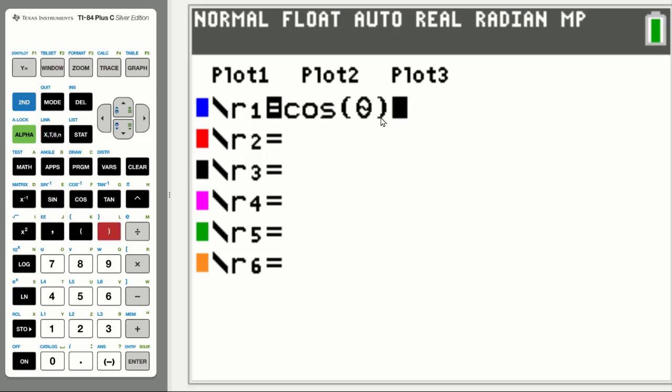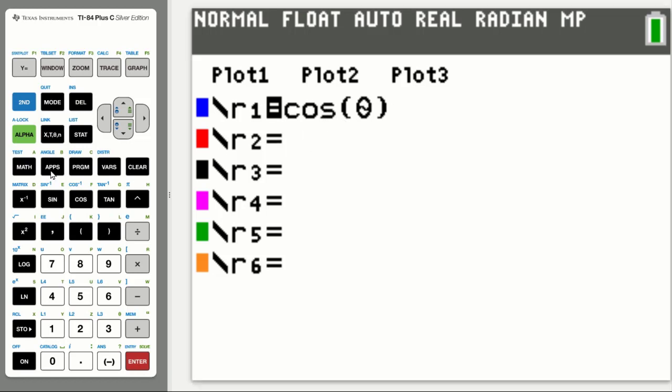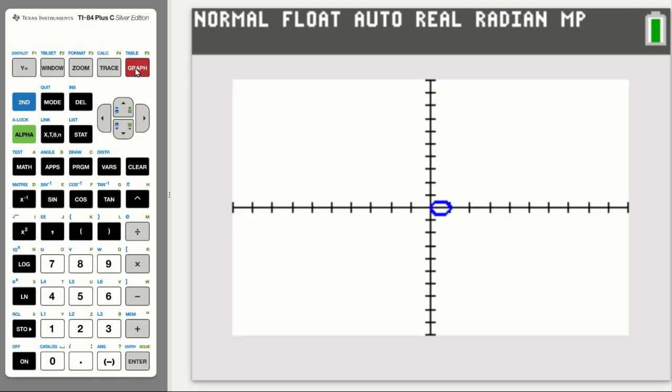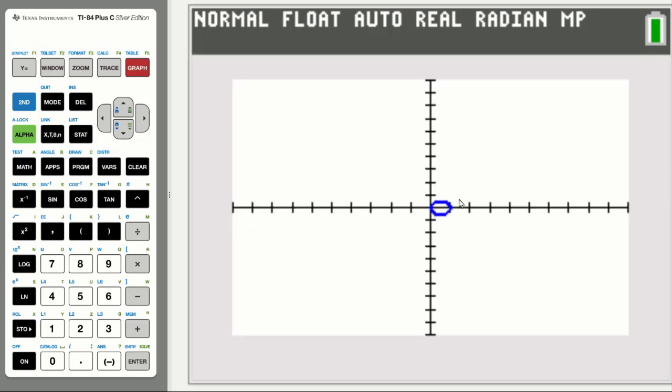So we have cosine of theta. I'm going to hit enter to get out of that line, and we click on graph, and this is our polar graph. And just as I said, it simply shows the graph without showing how the graph moves depending on the change of the angle theta.